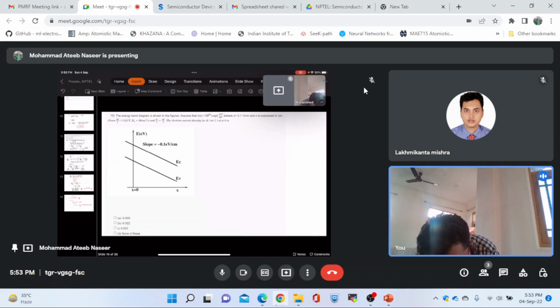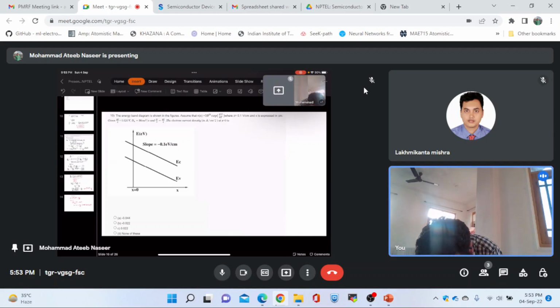Here we have been given this band diagram where this concentration is given in terms of some x, and it's some exponential of x, and we have been asked to find the total electron current density, and we have been given the diffusion constants and the thermal voltage as well.